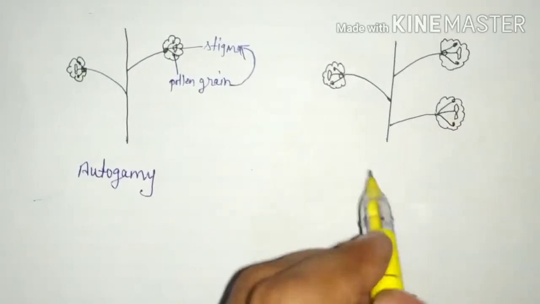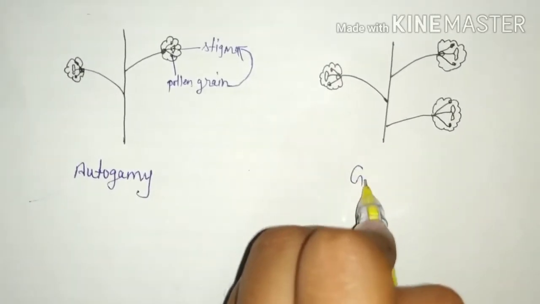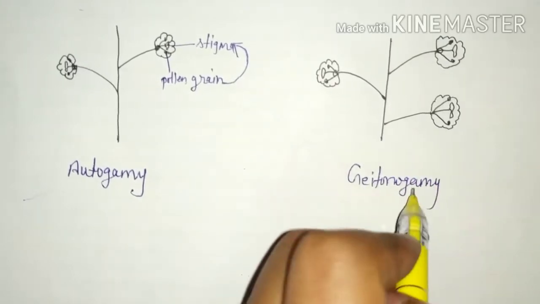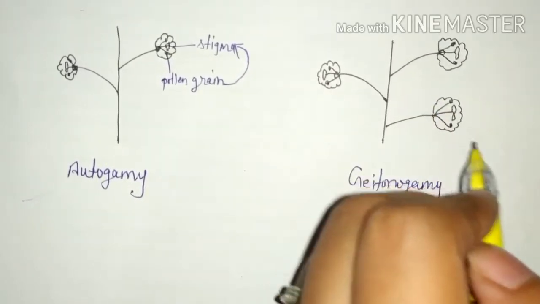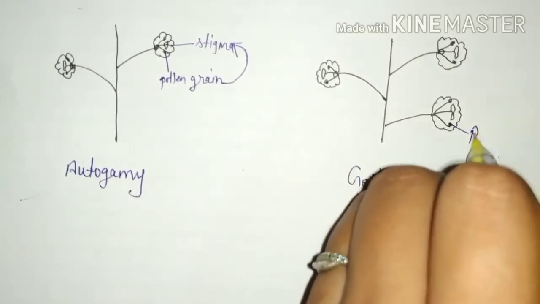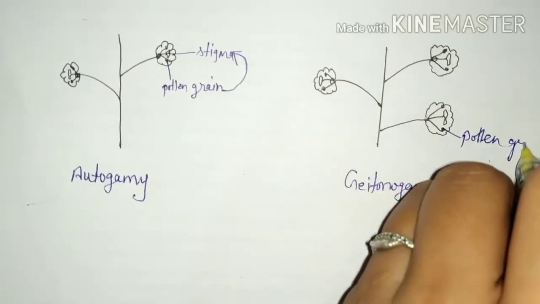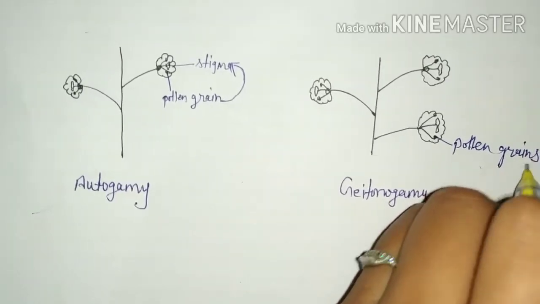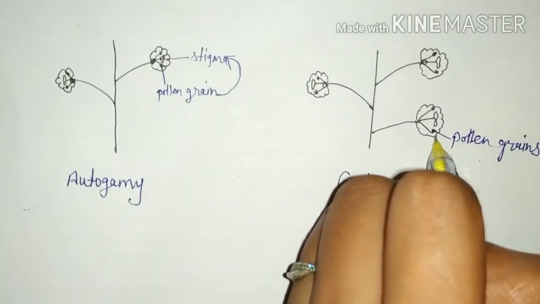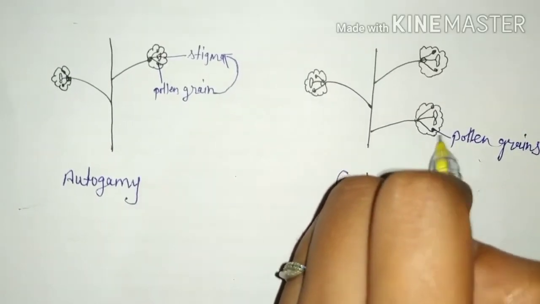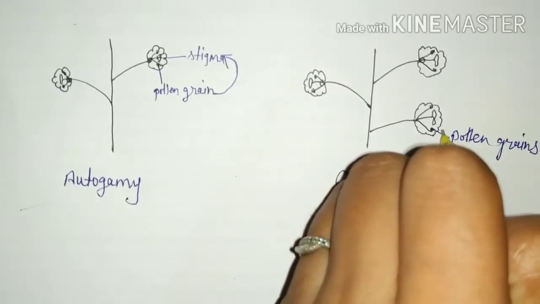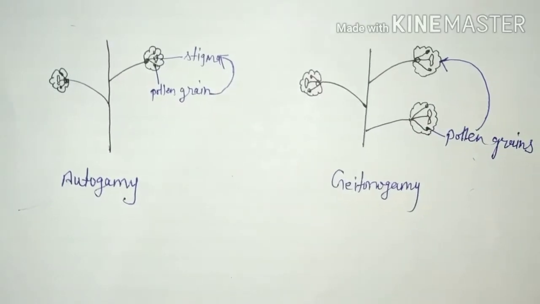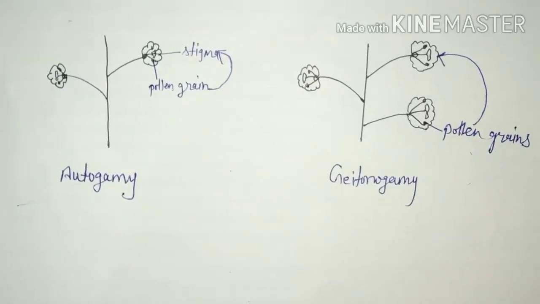But in geitonogamy, pollen grains of a flower are transferred to the stigma of a different flower. This condition is known as geitonogamy.